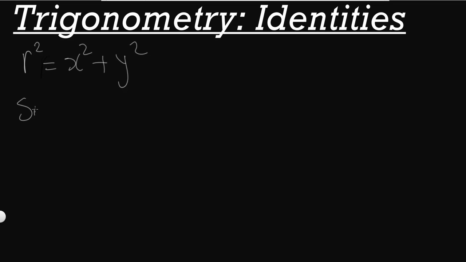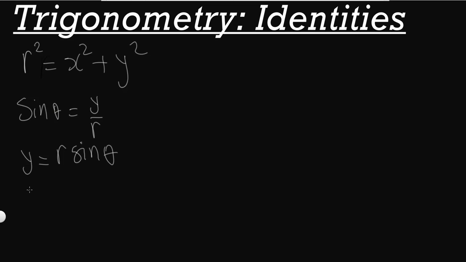Remember, sine theta is equal to y over r, and therefore y will be, if we cross multiply, r sine theta.